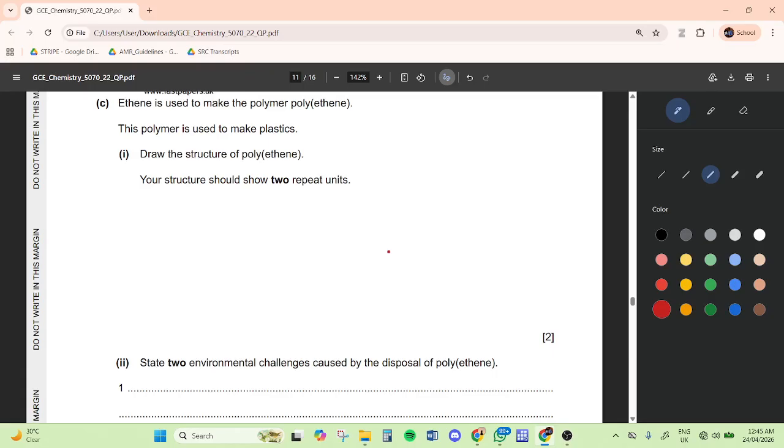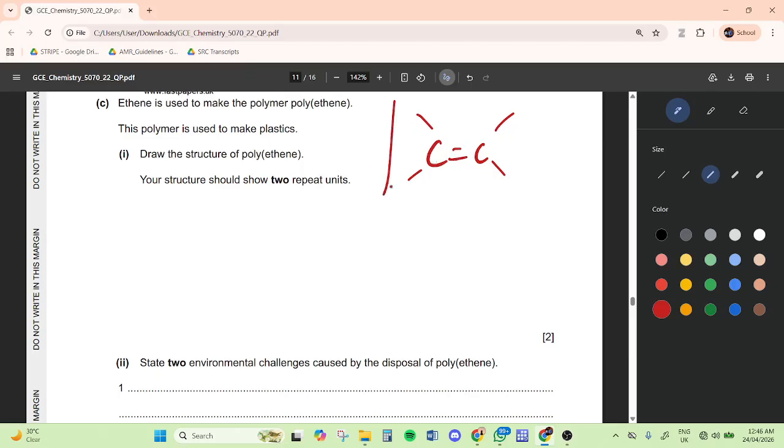Ethene is used to make the polymer polyethylene. This polymer is used to make plastics. Draw the structure of polyethylene. Your structure should show 2 repeat units. Whenever you're drawing this, you always have to make sure that you're drawing at least 2 repeat units. So ethene looks something like this, and then those are your hydrogens. You're going to break this and form a single bond.